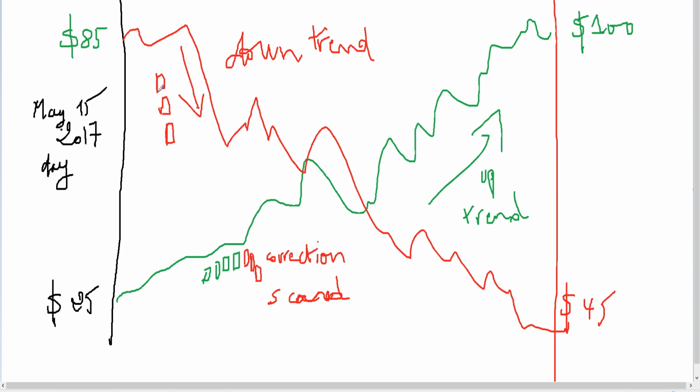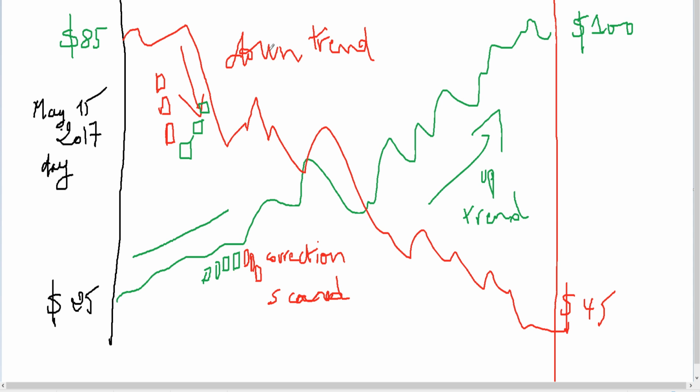Sometimes you will see green candlesticks and the stock is going up. So this is just how the trend is going to go from $25 to $100. It doesn't go in a straight line. It goes up and down, up and down, up and down, but the price is always going up.